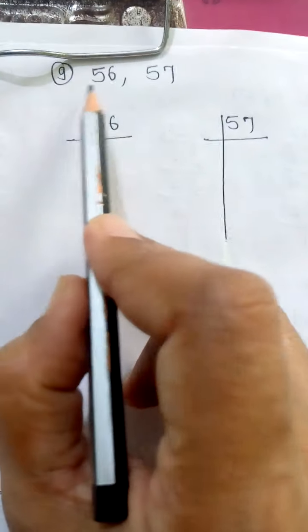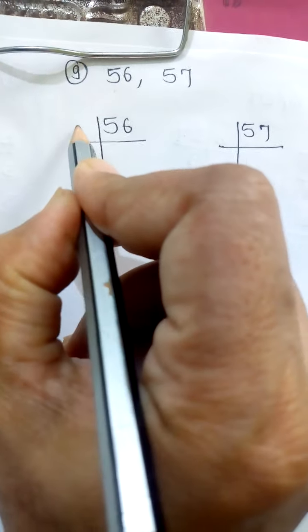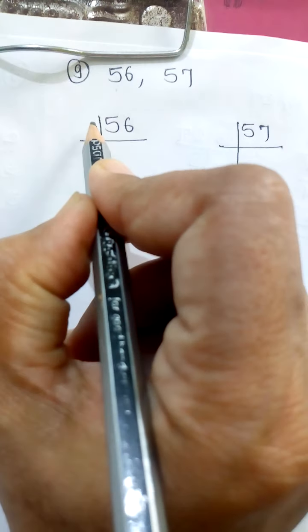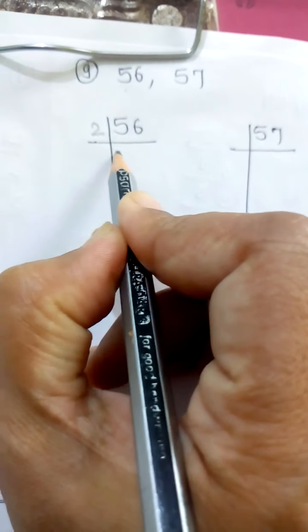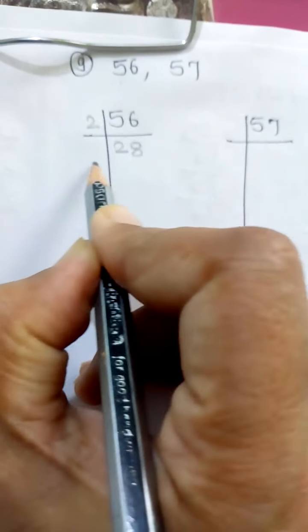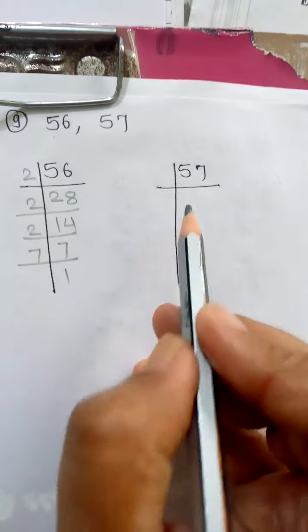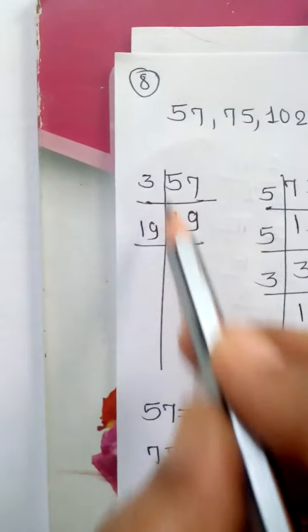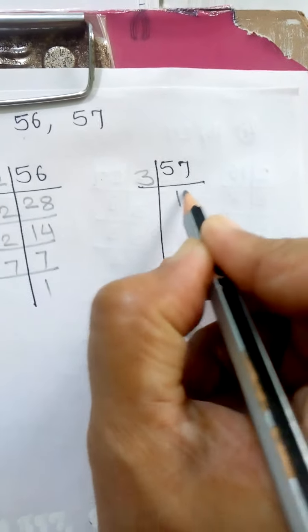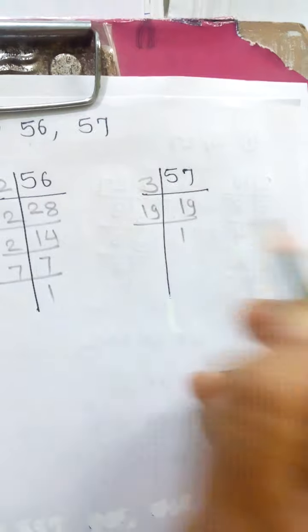Now this is the ninth example, 56 and 57. Find the factors of 56. The lowest factor is 2. 2 2s are 4, 2 8s are 16, 2 1s are 2, 2 4s are 8, 2 7s are 14, and 7 1s are 7. And the factors of 57, as you have seen in the previous example, are 3, then 19, and 19 ones are 19.